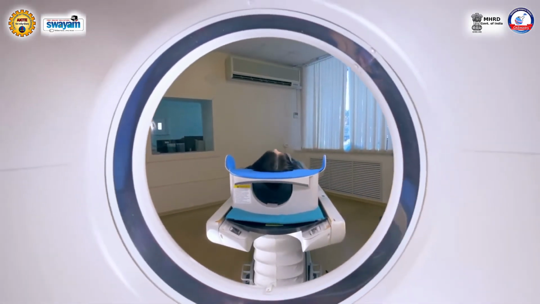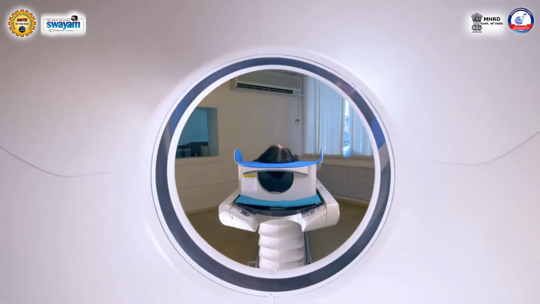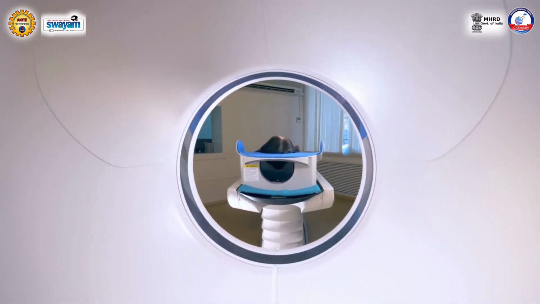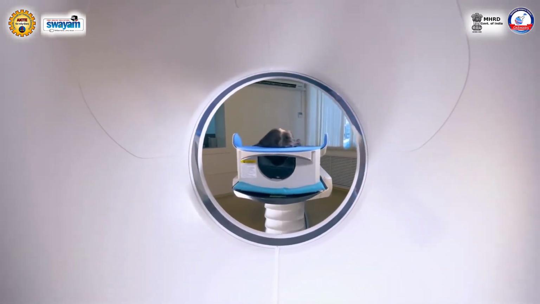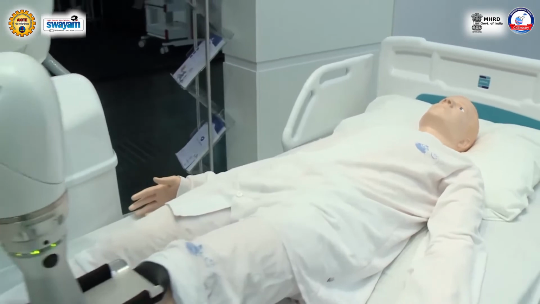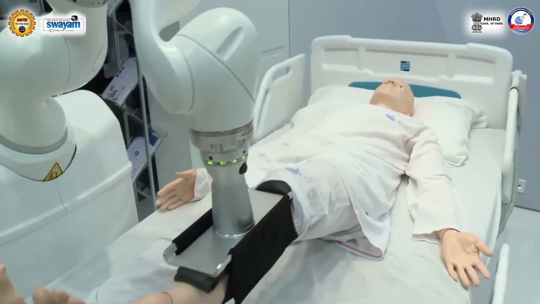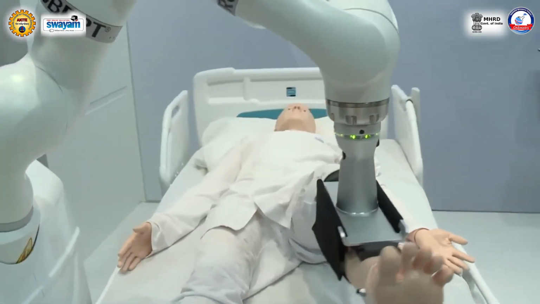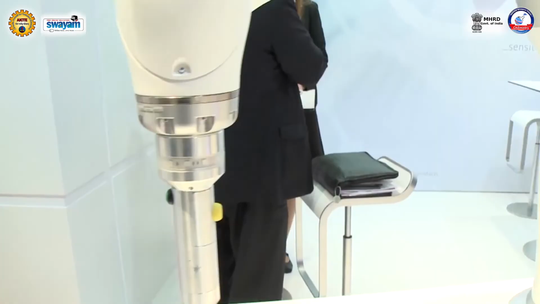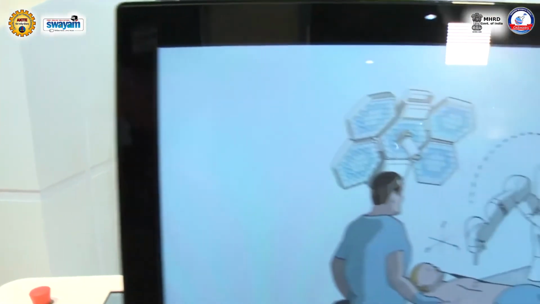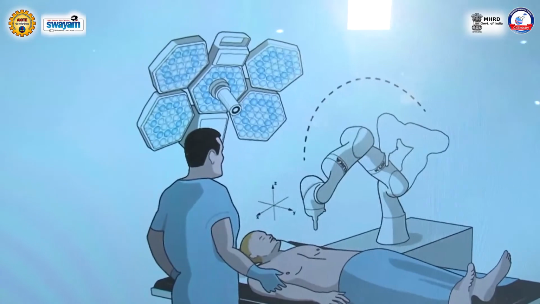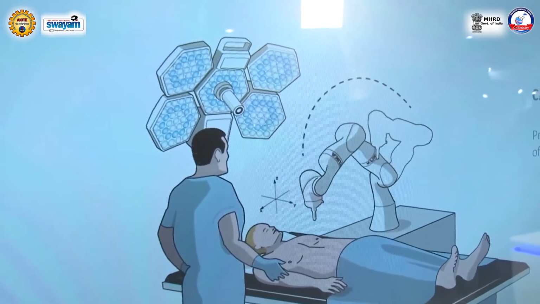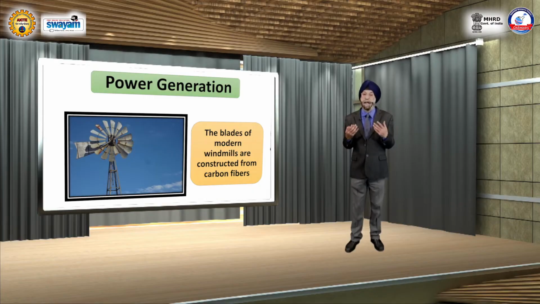For this reason, they are used in components of X-ray machines and radiation therapy equipment. Robots for some of the operations are also made up of these fibers. An important medical use of carbon fibers is the fabrication of artificial limbs, also known as prosthetics. Next, power generation. The blades of modern windmills are constructed from carbon fibers.